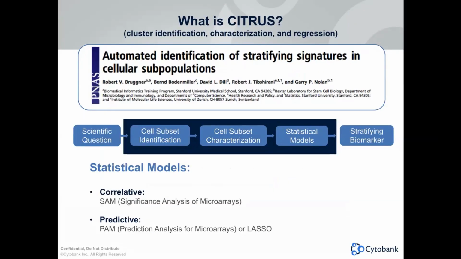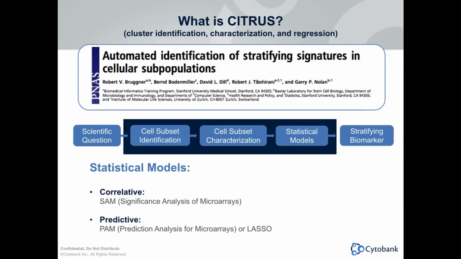So finally, back to Citrus. What is Citrus? Citrus stands for cluster identification, characterization, and regression. It has several components associated with it. The first step is unsupervised hierarchical clustering to identify the phenotypically similar cells in all samples.